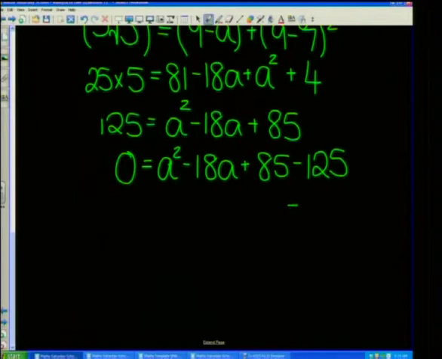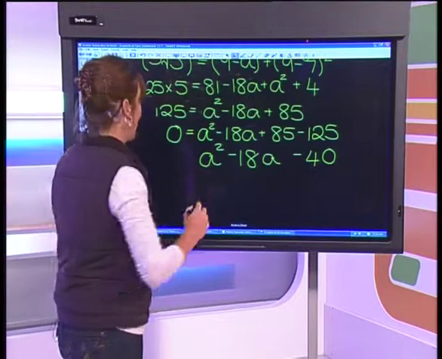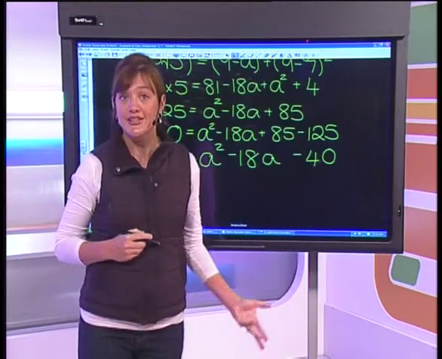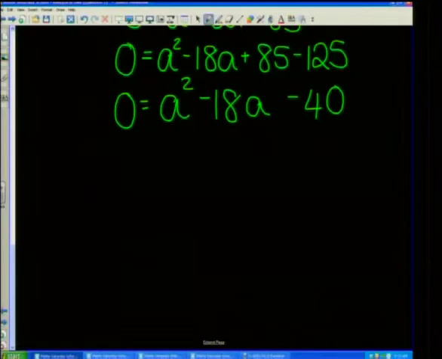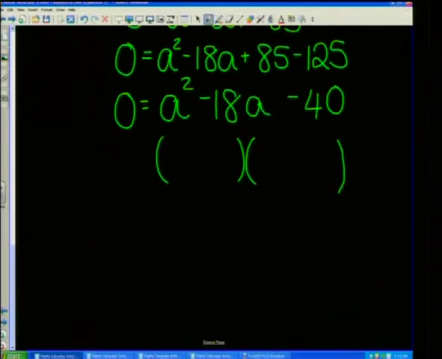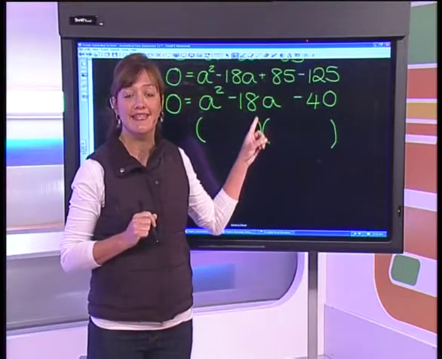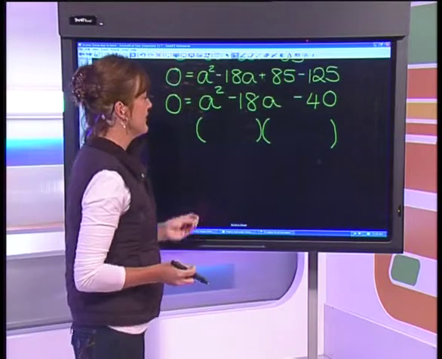So what we've got is a squared minus 18a minus 40. Do you guys agree that what we're sitting with is now a quadratic equation? We're going to solve for a. We're going to factorize. What we now need to do is find factors of 40 that are going to get us to 18. If we know our times tables fairly well, we can just figure this out quite quickly.